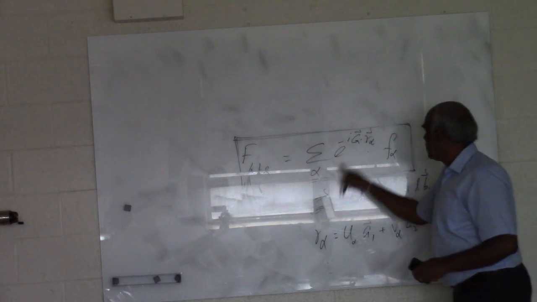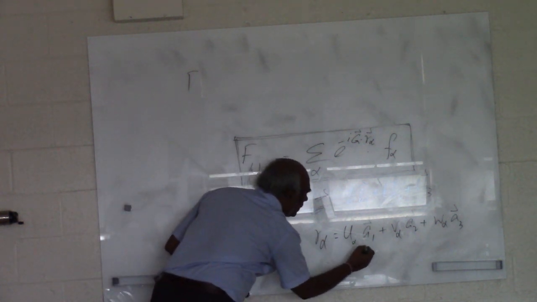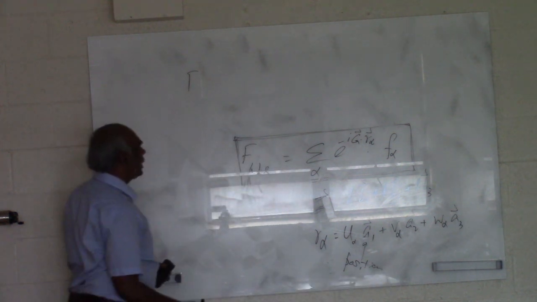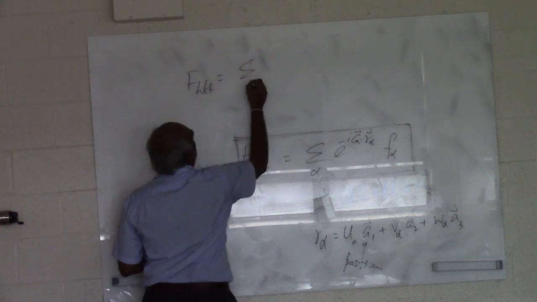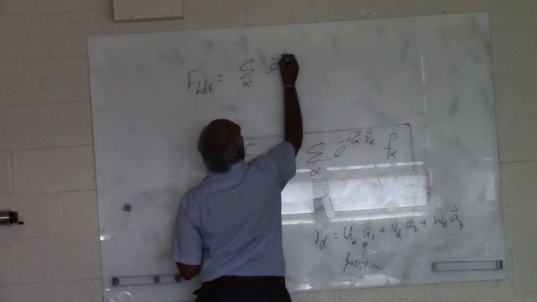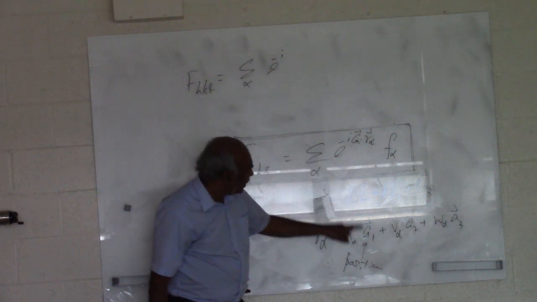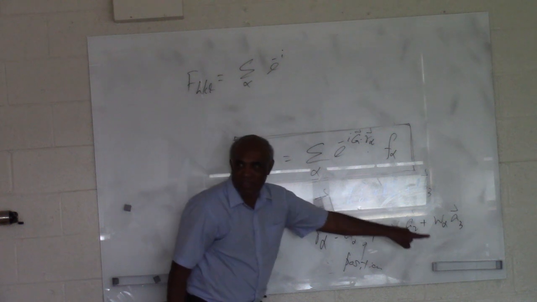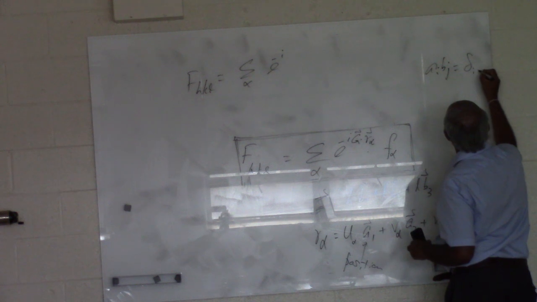So then if you take this one, what do you get? This is the position of each basis. Then I can write my F as HKL, sum over alpha, E to the minus I G dot R. When you take the dot product, what do you get? A1 dot B1 is what? 2 pi. Any of the others will be 0, right? Remember, Ai dot Bj is delta ij times 2 pi.